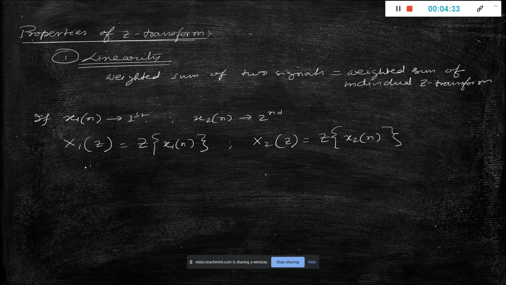Now we have to check whether the Z transform of a x1n plus b x2n, the total Z transform of the output, ठीक है, कि x1 और x2 दो सिग्नल है, दोनों को सम करो और उसका Z ट्रांसफॉर्म निकालो. So that Z transform will look like this.